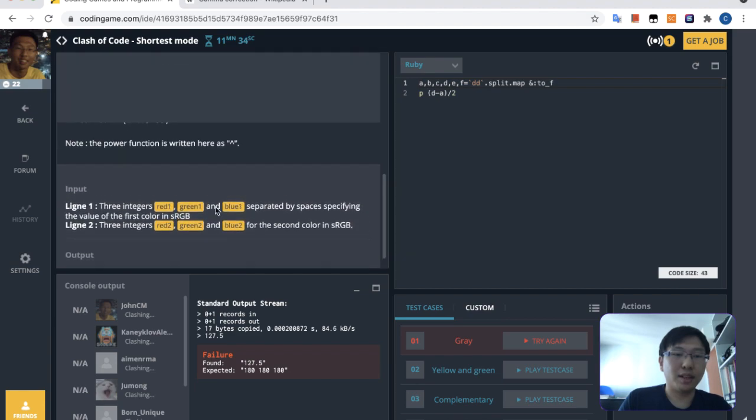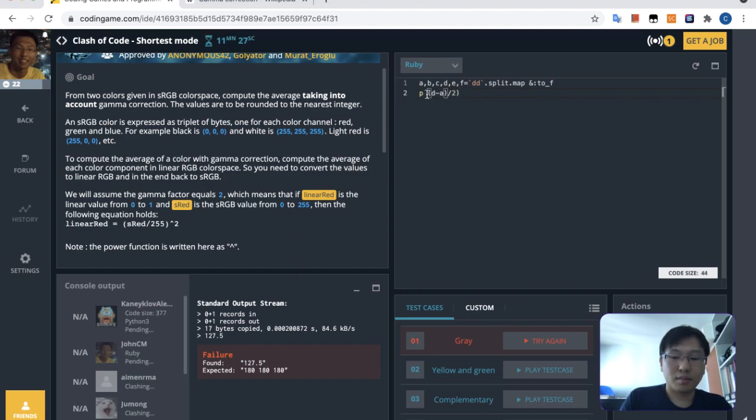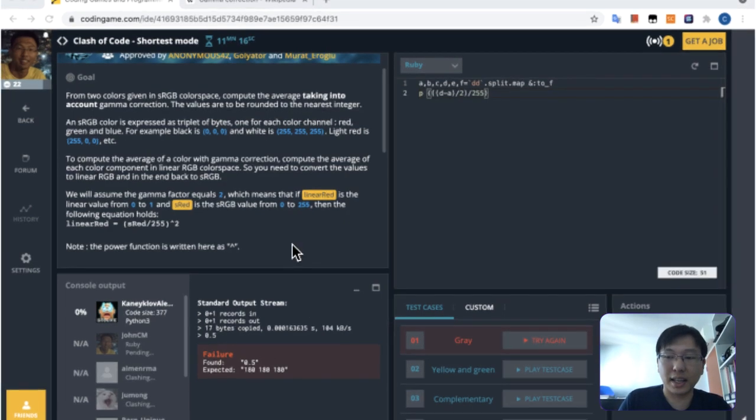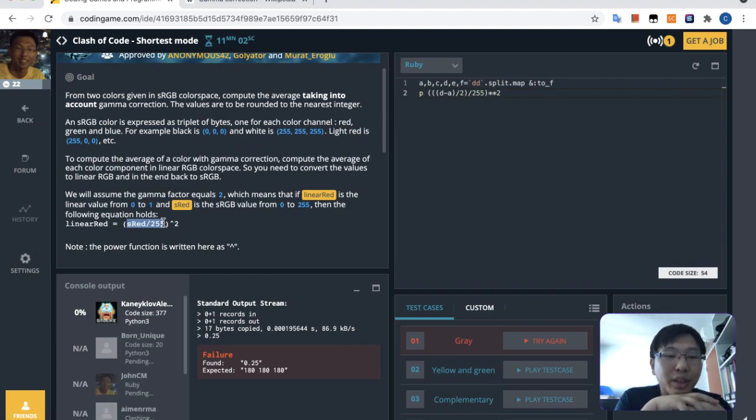Okay, and then once we divide it by 255, and then we take this square. Okay, let's divide by 255 first. We see what we get. We get 0.5. Yeah, then maybe we square it. 0.25. Okay, S rate divided by 255 squared is my linear rate.